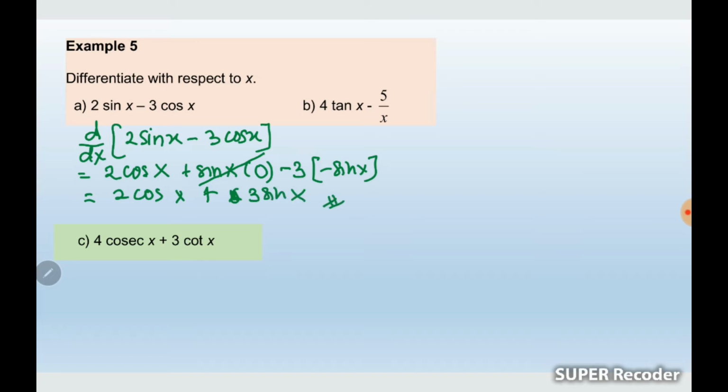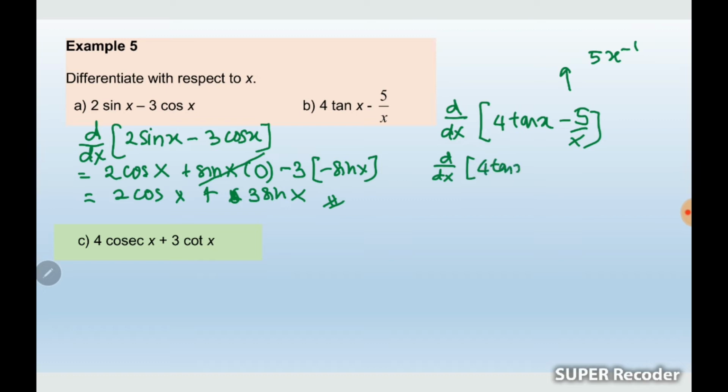Okay, now we move to the second part, B. Differentiate 4 tangent x minus 5 over x. For 5 over x here, you can write as 5x to the power of negative 1. So differentiate 4 tangent x minus 5x to the power of negative 1.